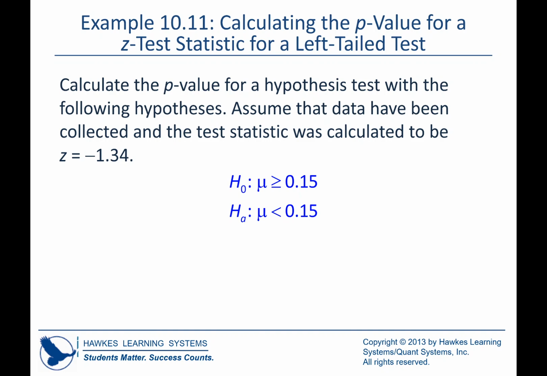We have two things we have to look at in order to come up with the p-value. The first thing we need to know is what type of hypothesis test are we doing? Is it left-tailed, right-tailed, or two-tailed? You have to look at the symbol in the alternative hypothesis. Less than points to the left, so this is a left-tailed test.